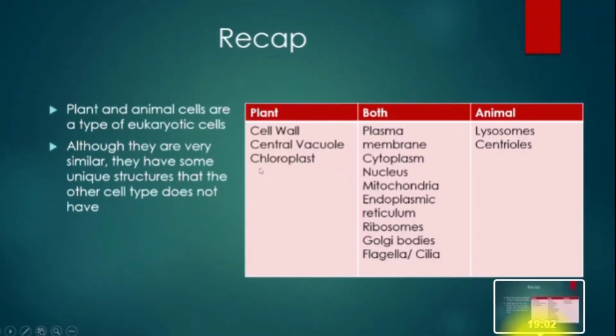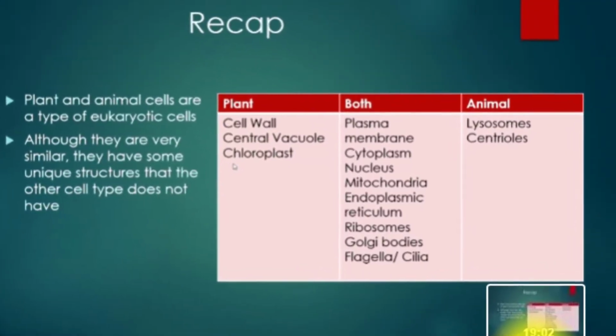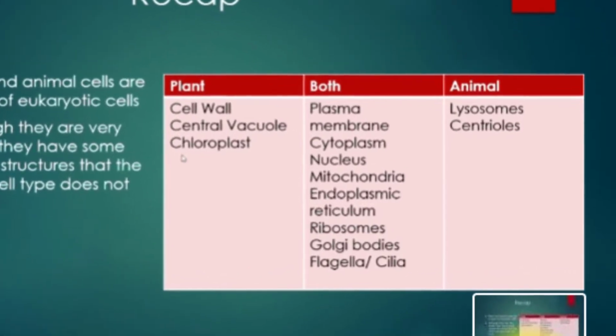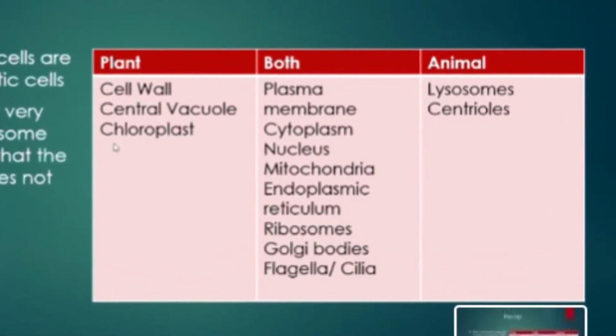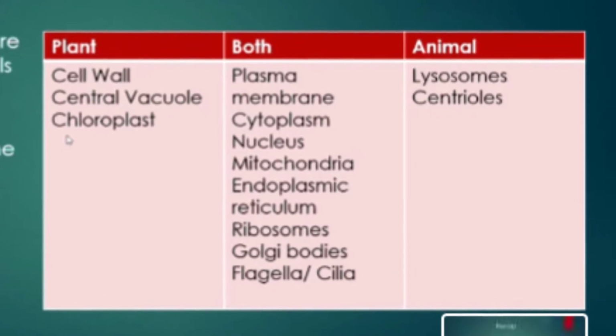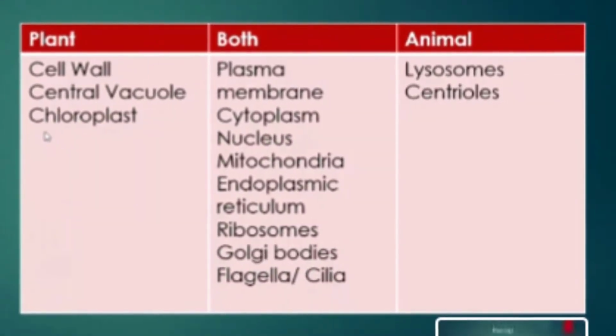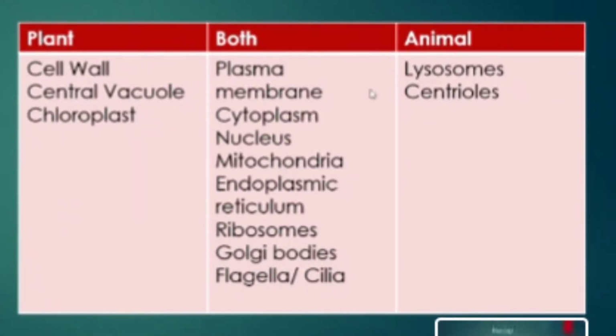To recap, plant cells contain a cell wall, a central vacuole, and chloroplasts, whereas animal cells contain lysosomes and centrioles. Organelles found in both animal and plant cells include the plasma membrane, the cytoplasm, the nucleus, the mitochondria, the endoplasmic reticulum, ribosomes, the Golgi body, and flagella or cilia.